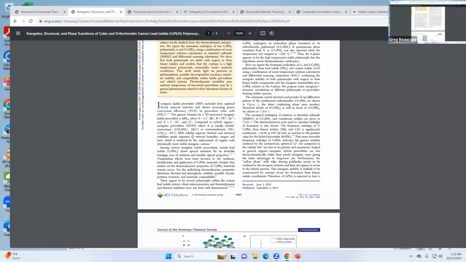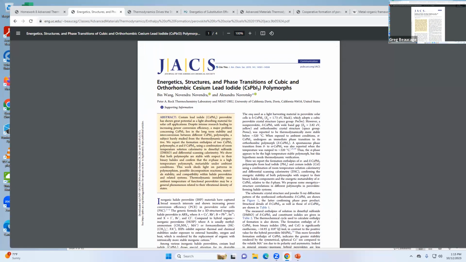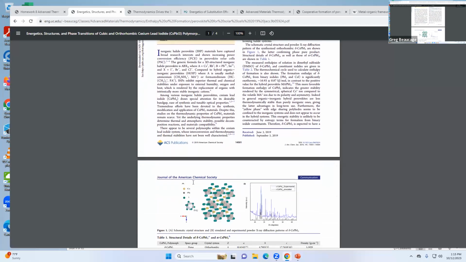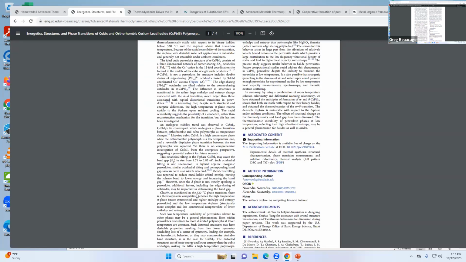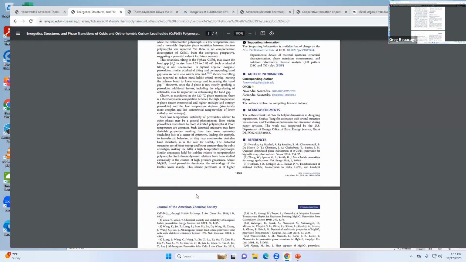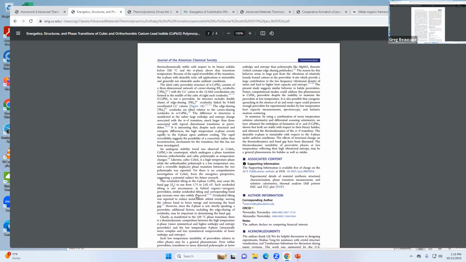So she's doing perovskite, which is also another popular material, within the same framework. You take these salts, cesium, lead, iodide, and then there must be a methods section at the end of this too. No, this is a JACS paper.